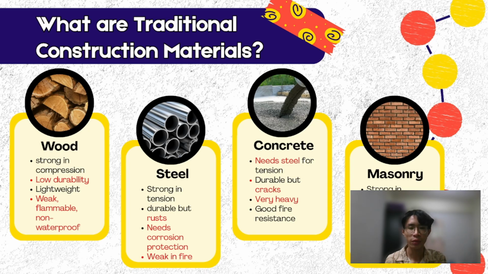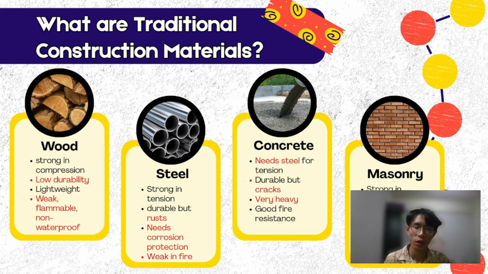For steel, although it is strong in tension and durable, it will rust, so it needs corrosion protection, and it is also weak in fire resistance because it has a lower melting point compared to other metals.